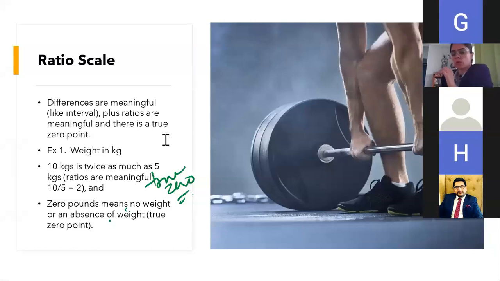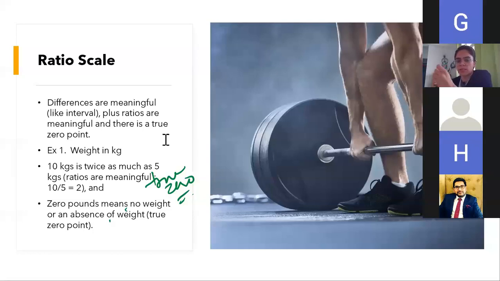If I say 0 kg weight, what does that mean? Weight is 0, that there is no weight, right? If I say 0 is the height, what does that mean? So there's a missing of that characteristic. But if I say 0 degree centigrade, what does that mean?